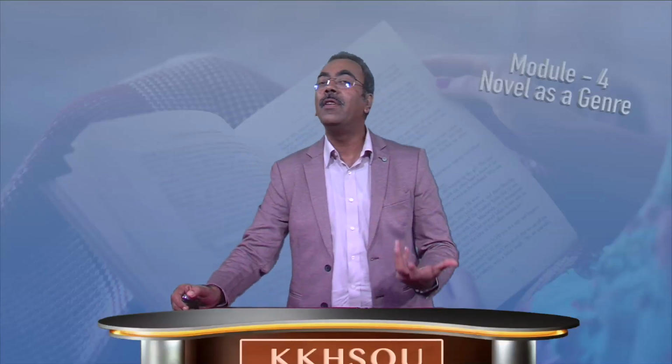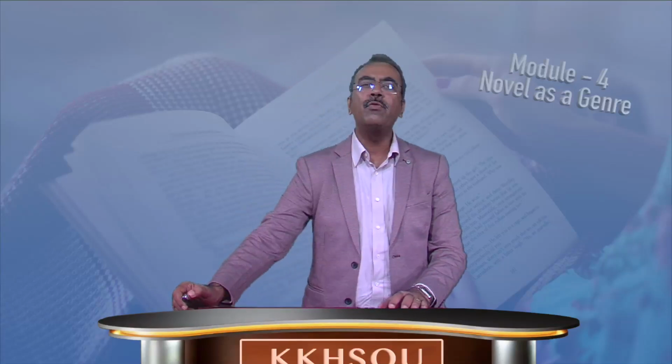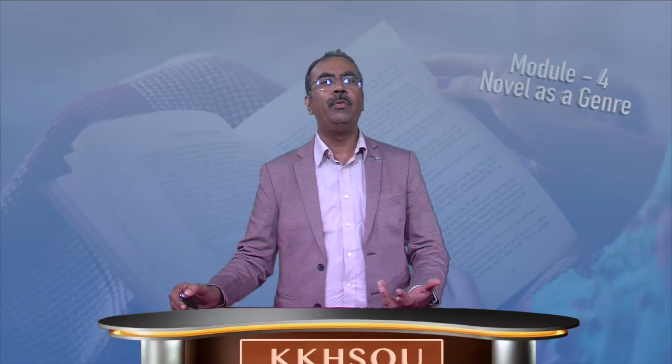These different aspects make up the elements of the novel, and that is how the novel goes forward. This is what we can look at, the primary aspects of how we can approach the definition of a novel.